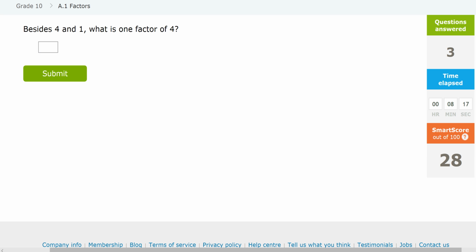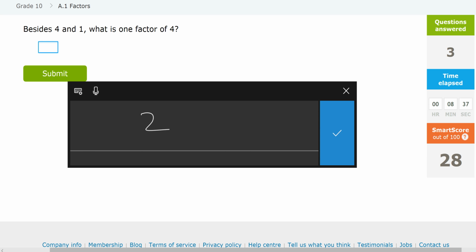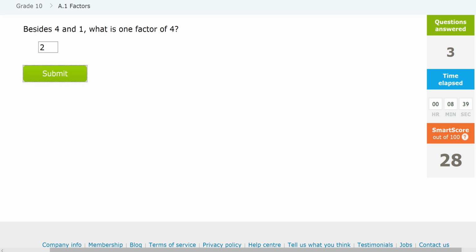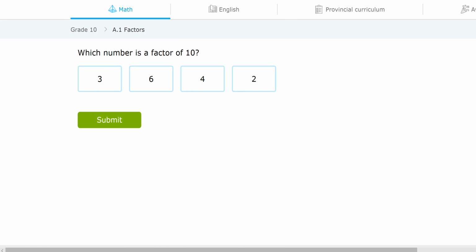All right, so 4. 8. No, no, no, no. It should be smaller than 4. Oh, 2. That's right, because 2 times 2 is 4. Sorry, my brain just wiped out for 1 second. I know. So that's right, though.